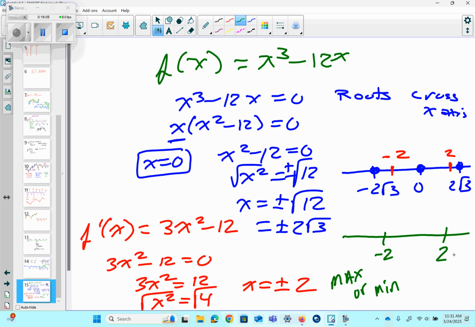So what you can do is say, okay, what if I were to take a number way this way, so say 10, and I plug 10 in here, I'd get 10 squared. 10 squared is 100. 3 times 100 is 300. 300 minus 12 is a positive number.